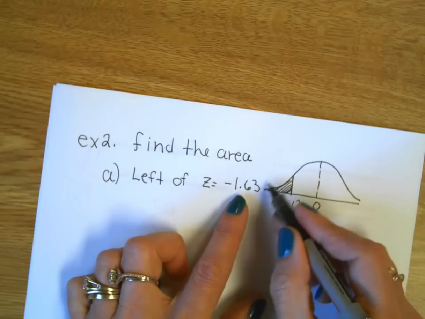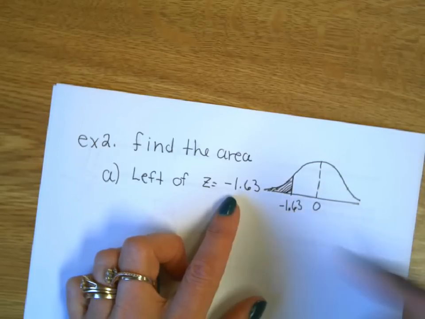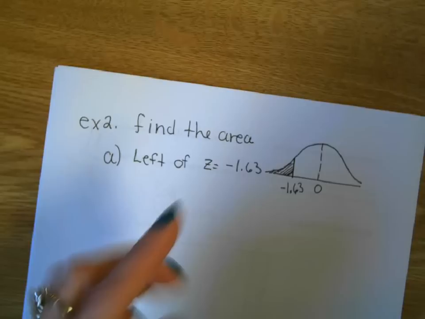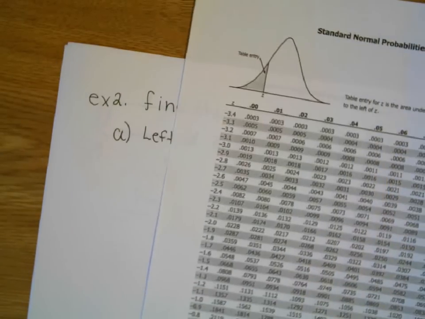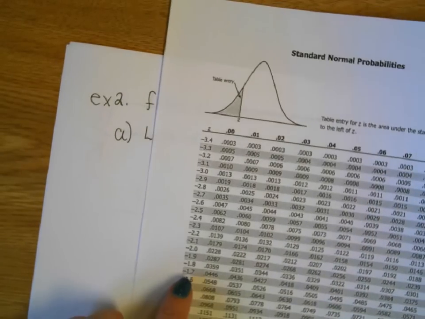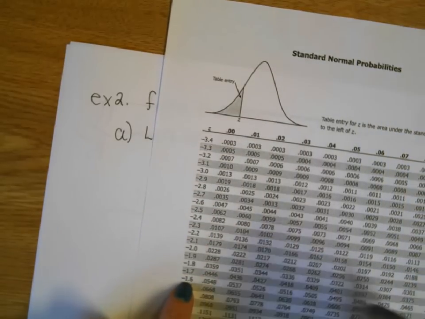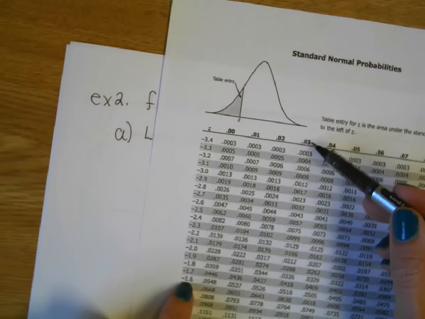Well, if I want the area behind something, all I've got to do is look up this z-score on the table. So, take your table, flip it over to the negative z-scores, look for negative 1.6. Down the column, go all the way down, find negative 1.6. Now go over, look at the top, go to 0.03, because we want negative 1.63.